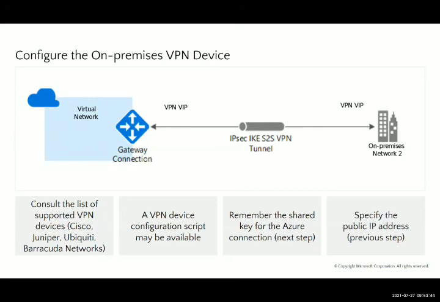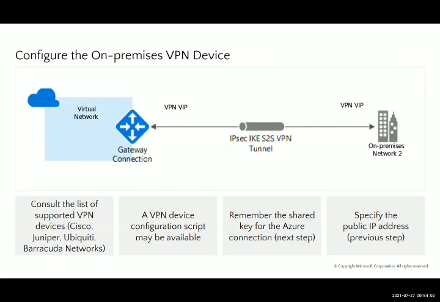Here it will be very simple, because it's completely controlled by Azure Cloud. Whether you use Cisco, Juniper, Ubiquiti, Barracuda, any VPN solution, the SKUs will be different for those vendors, but the technology is the same.